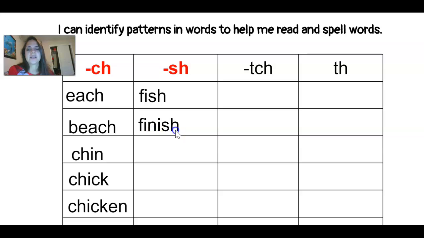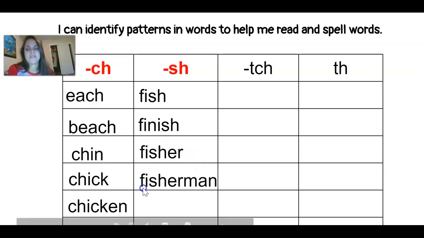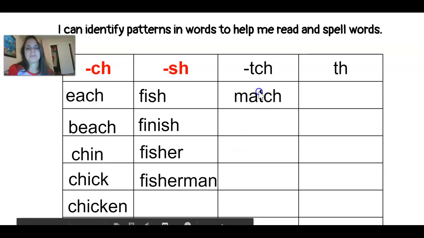Fin, ish. Now let's blend them together. Finish. I see fish. What do you see here? Now blend it. Fisher. I see fisher. Fisher. Man. Fisherman.